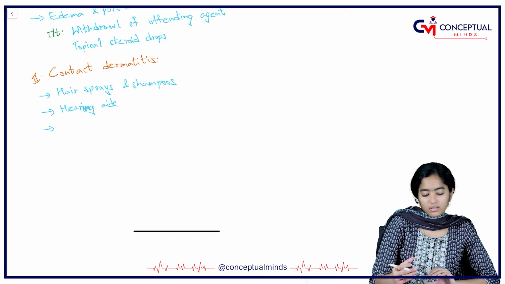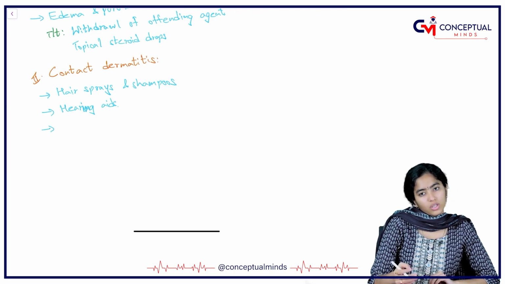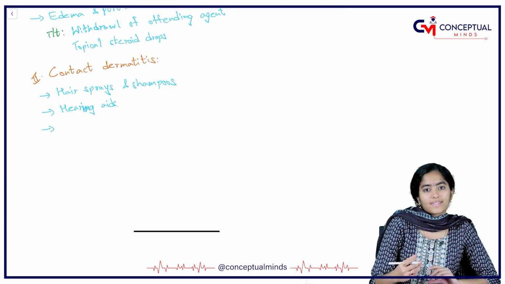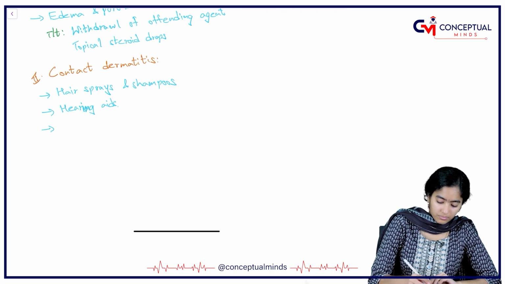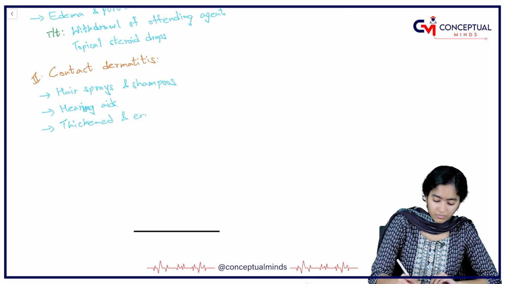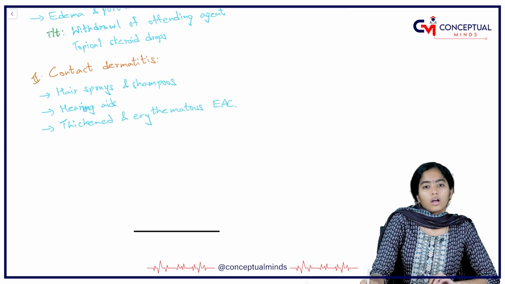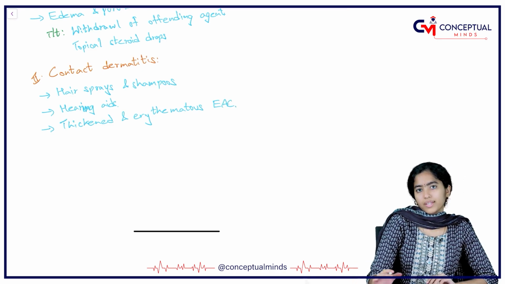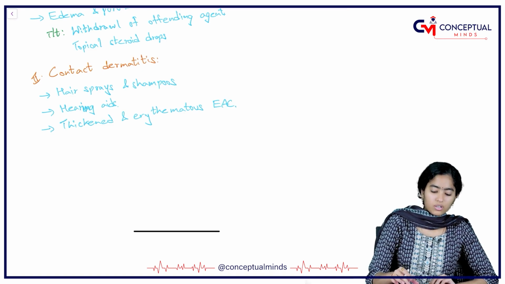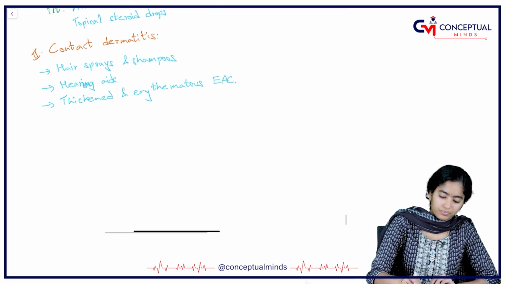Now, what is the characteristic feature here? Here also, the external auditory canal is thickened and erythematous. How do we treat it? Same, eliminate the offending agent and do a debridement.